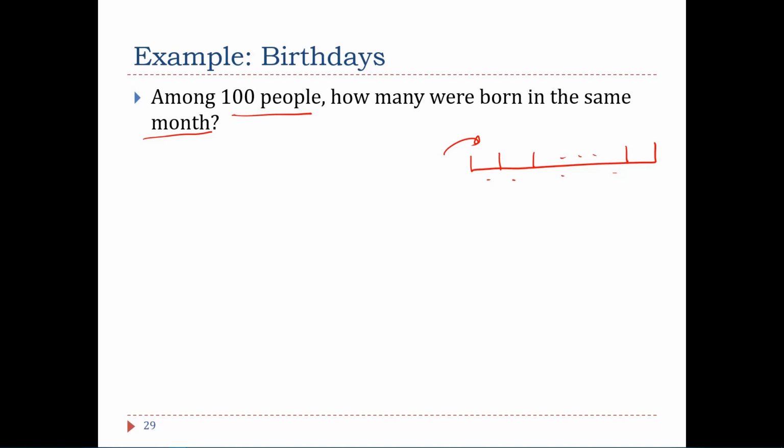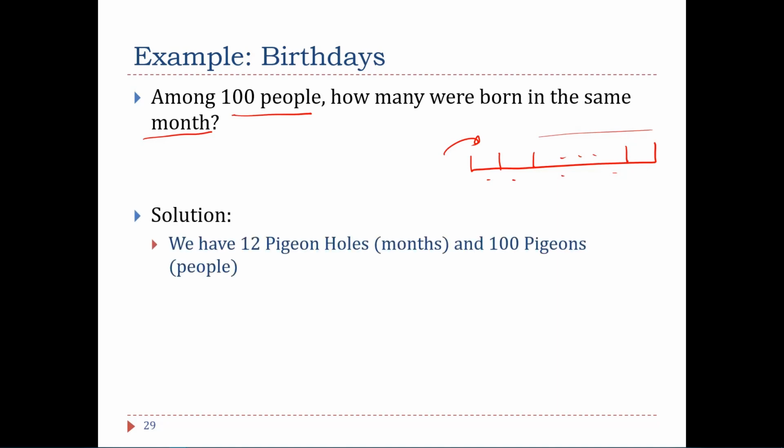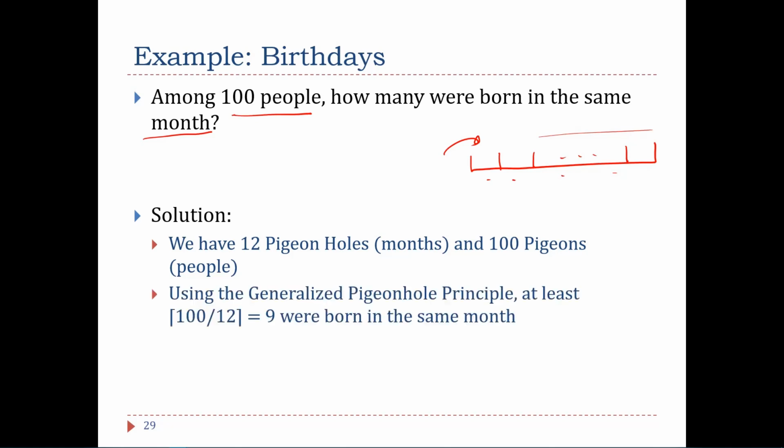Even if you try to distribute them evenly, you will have, in at least one of the boxes, at least two different persons starting from the 13th. Then you can generalize this up to 100 over 12, because the ceiling of 100 over 12 is equal to 9.